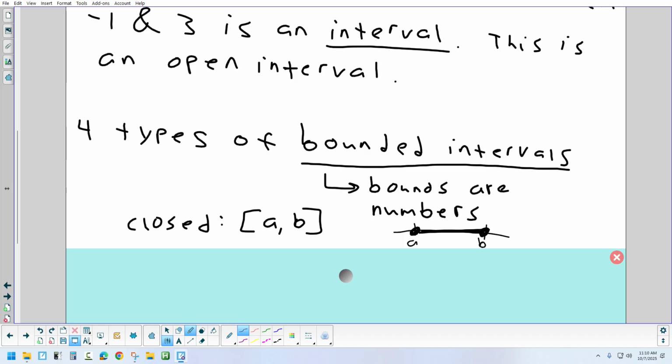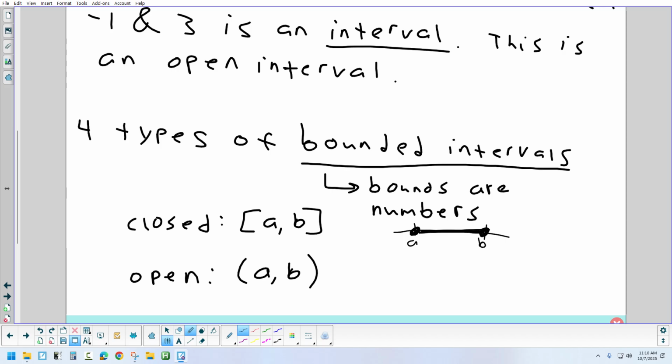What do you think that's called? Yeah? Oh, yeah, open. And the difference here is you're still going from A to B, but you cannot include the A and you cannot include the B. So it's everything between A and B, not including the A and the B. That's the difference between closed and open.